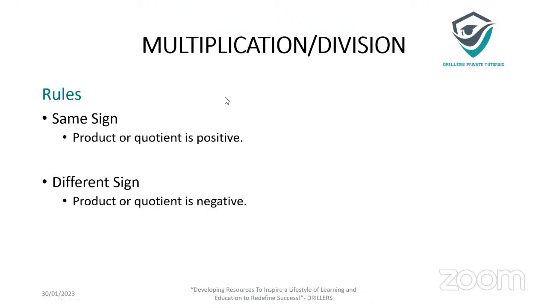Right, my apologies again. So the rules of multiplication and division of integers: once we have the same sign, your product or quotient is going to be positive. And once we have different signs, it's going to be negative.